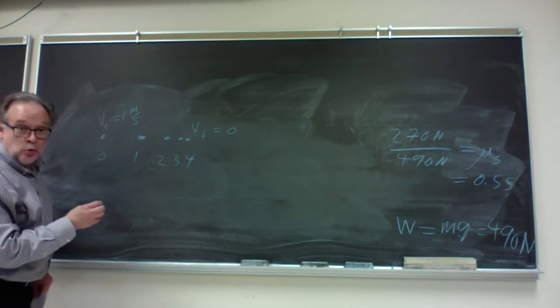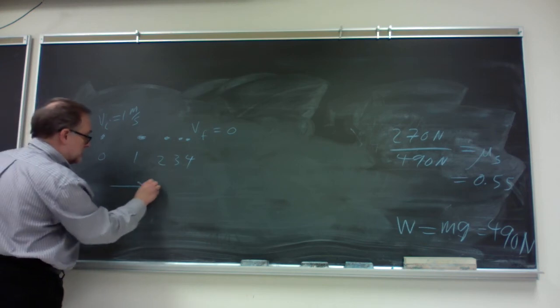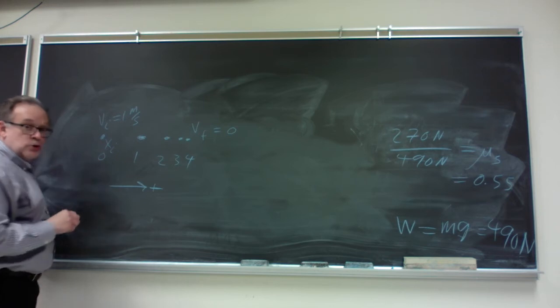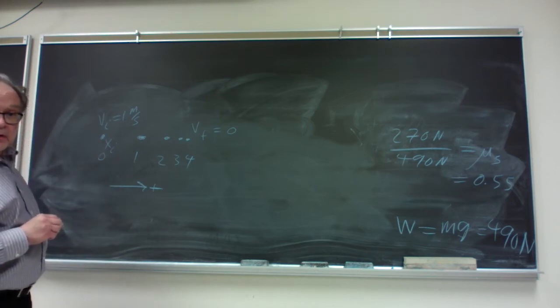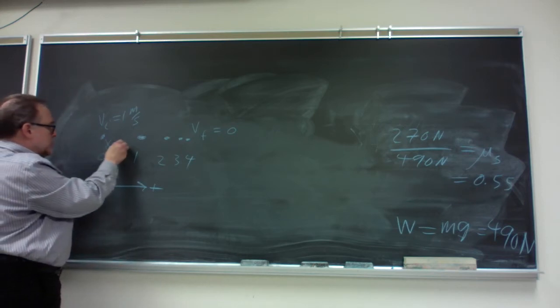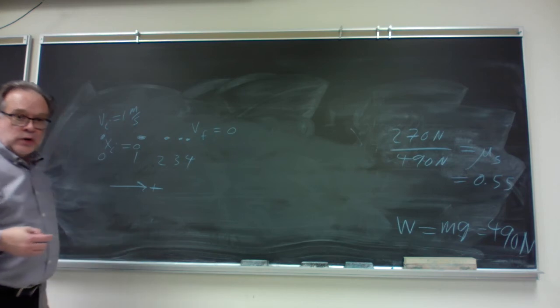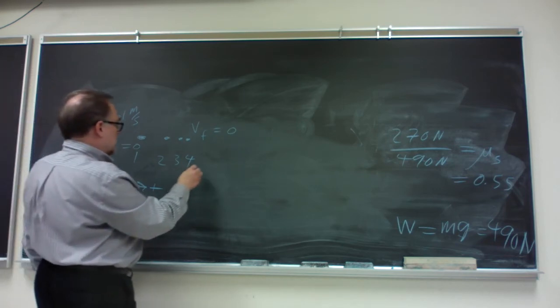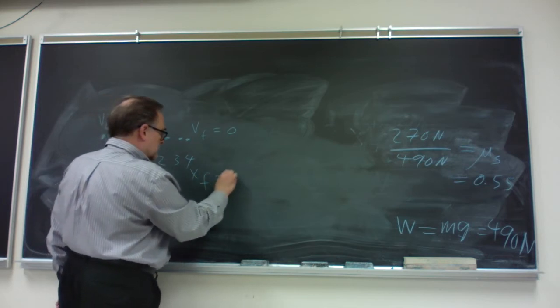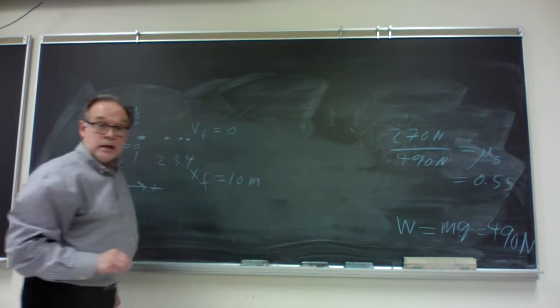Let's set up our coordinate system so that this is the positive direction, and that the initial location where the stone first started moving after it left the hand of the pusher is right here, and we'll say that the initial location is 0. And the final location, right over here, is 10 meters.